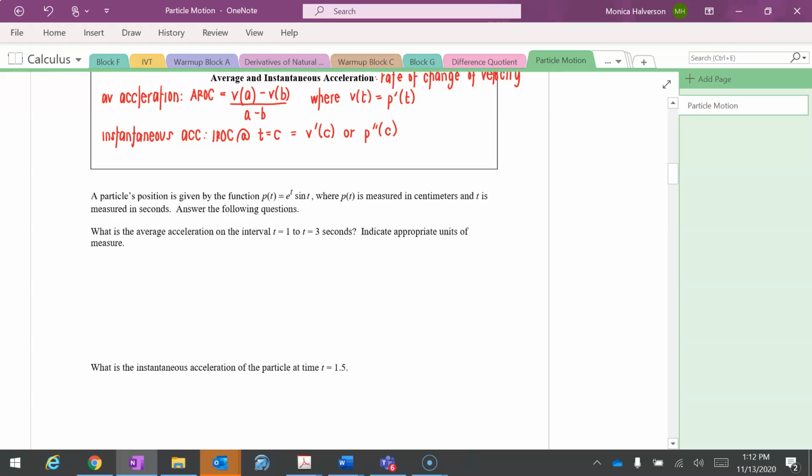All right, so I'm going to have you guys do that now. But remember, when we're finding its acceleration, its rate of change with respect to the velocity. So remember, we found the velocity equation as v of t is equal to e to the t sine t plus e to the t cosine t. So go ahead and find the average acceleration and the instantaneous acceleration.